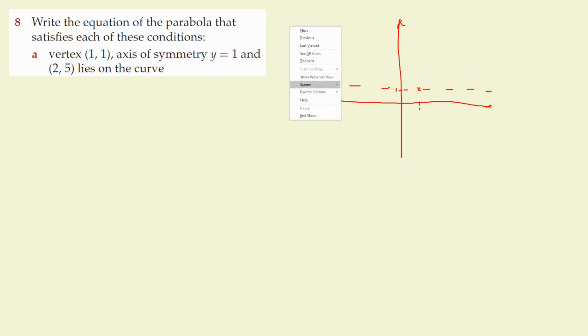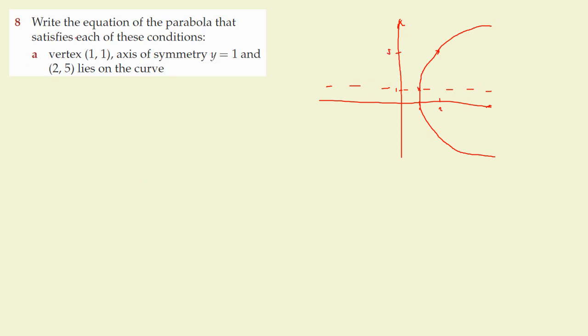You might have just assumed that and used it, but that's how I can justify it was this way around and not the other way around. So I've got it coming in and doing that sort of thing, and (2, 5) is on the curve.